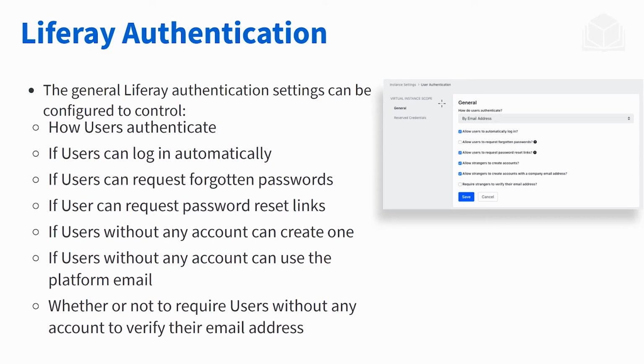You can let users without any account create an account or not. In addition, if a user doesn't have an account, are they allowed to make an account using the platform email address? All of those options are listed in the instance settings, and you can examine those and test out what they do.